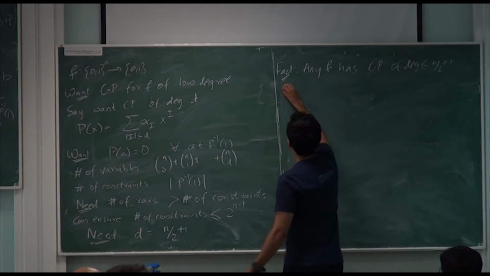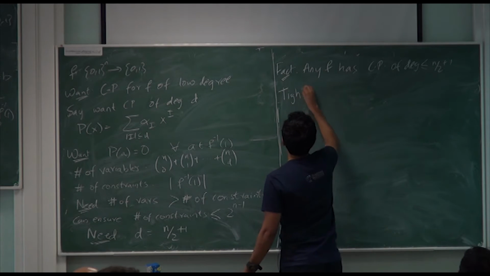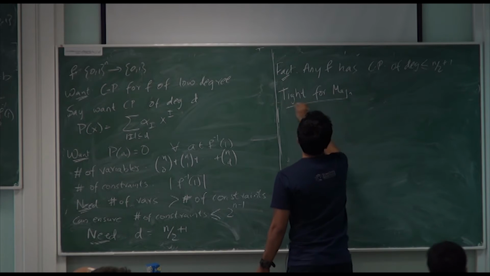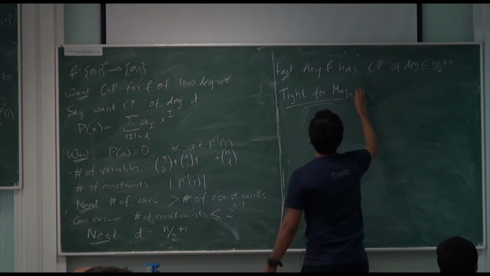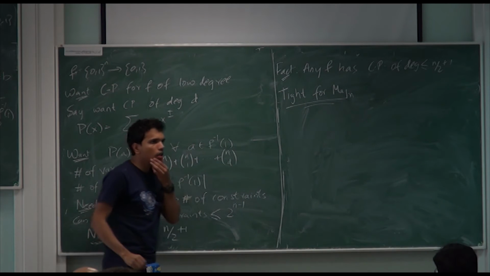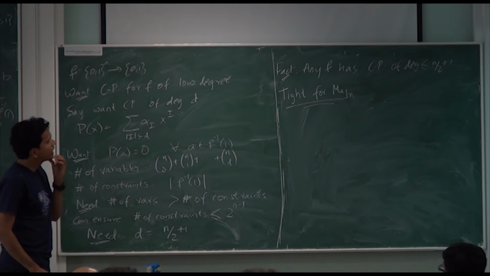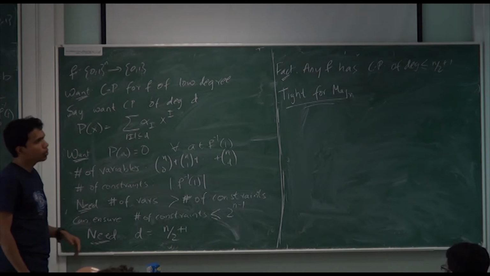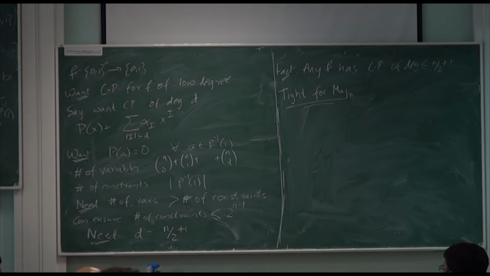And the answer is no. So this fact is actually tight for the majority function. Any polynomial of degree smaller than n by 2 cannot be a certifying polynomial for the majority function.